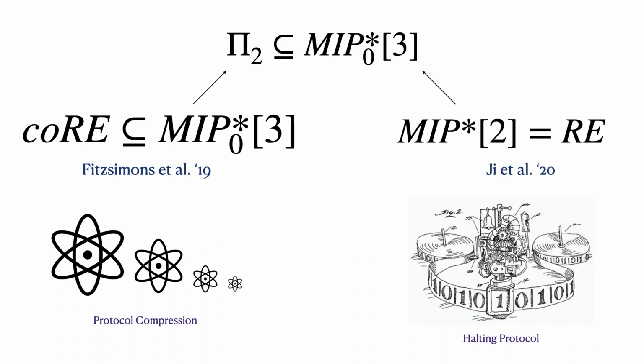To improve this and show that Pi2 is indeed in MIP star 0, we rely on another tool called the halting protocol, which is proved in the MIP star equals RE result by Ji et al. I'm going to explain both these protocols, and then I'm going to show how we can combine the two to get our result.